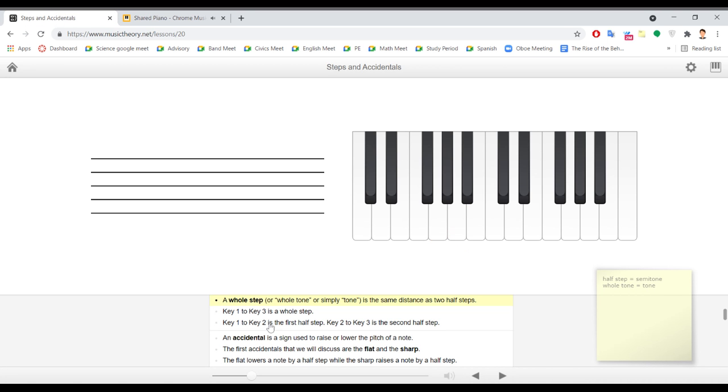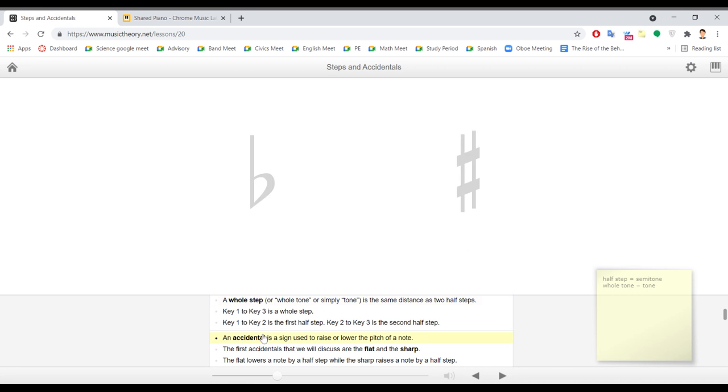Okay, so now that you understand whole steps, we can go to accidentals. So, there are two types of accidentals, and both of these are one of them. You don't know the name of it yet, but this is called a flat, and this is called a sharp.